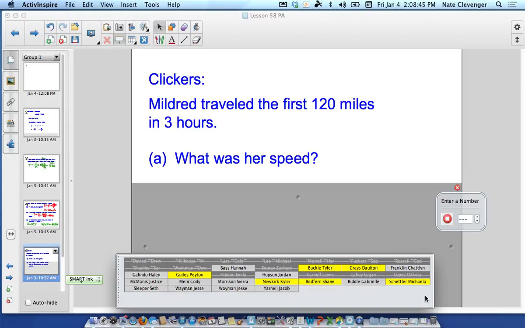Hold on. Mr. Clevenger, look at my clicker. It's messed up. Well, can you answer now? You may not be able to get there. Do I have anybody's name crossed out that shouldn't be? Jesse. Giles. Jesse's in here. Yeah, but his other name is up there. Giles needs to redo hers. That's awesome. Yeah, I'm so excited.